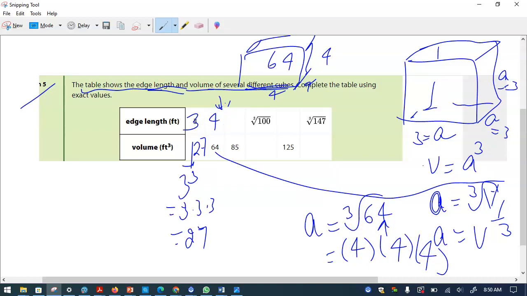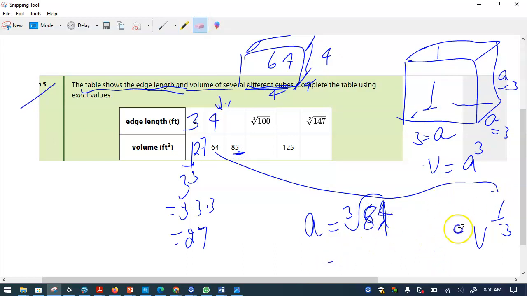The next one is 84. Now for 84, we don't have an actual integer, natural number, or whole number that gives 84. So all you do is keep it as the cube root of 84.